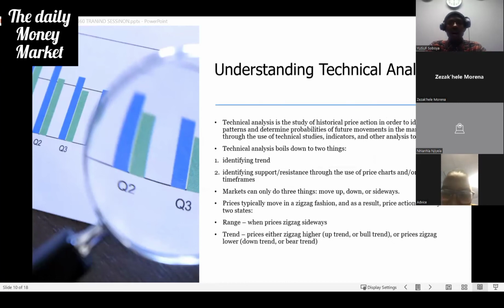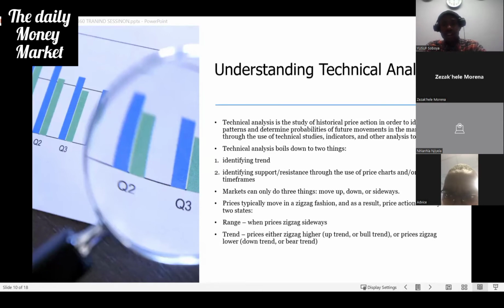So technical analysis is the study of historical price action in order to identify patterns and determine the probability of future movement, as I said, in the market, through the use of technical studies, indicators, and other analysis tools.